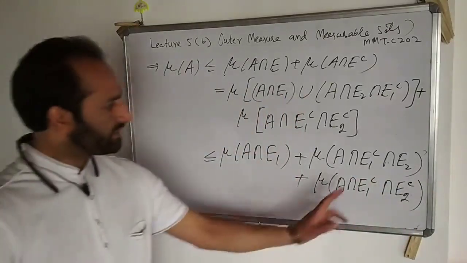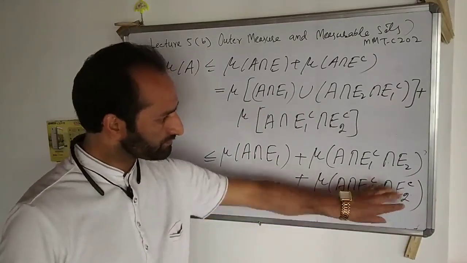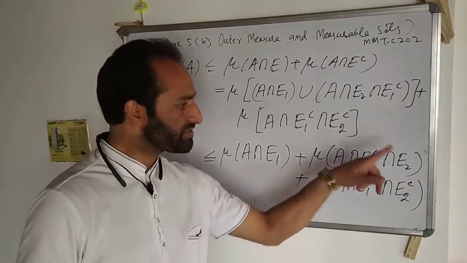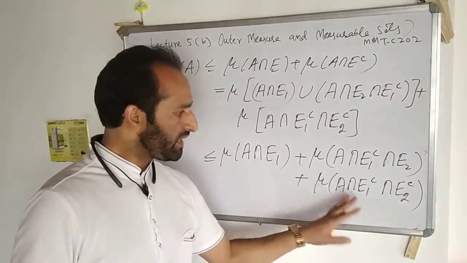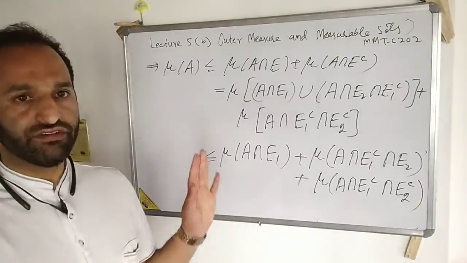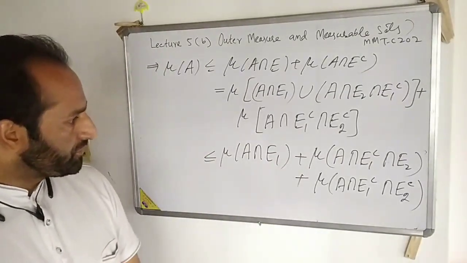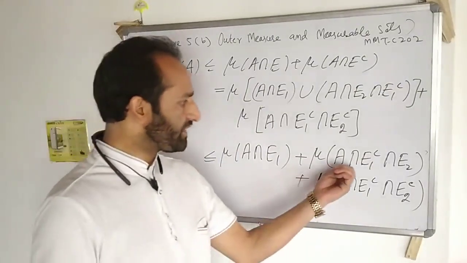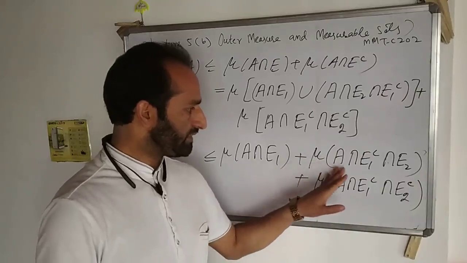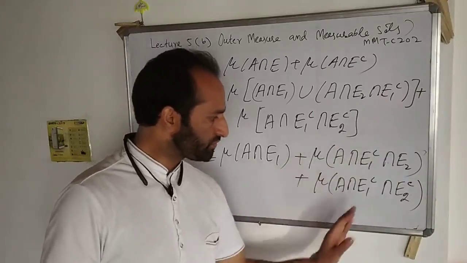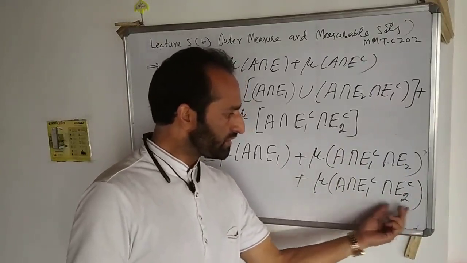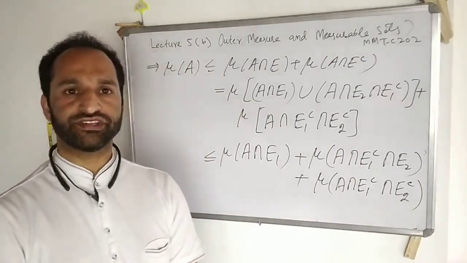Now look at this. Since E2 is measurable, mu of A intersection E2 plus mu of A intersection E2 complement is equal to mu of A for every subset A of X. In particular, it's true for A intersection E1 complement also. So mu of A intersection E1 complement intersection E2 plus mu of A intersection E1 complement intersection E2 complement is equal to mu of A intersection E1 complement.